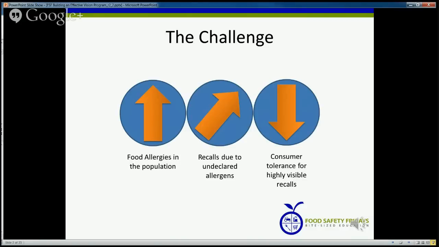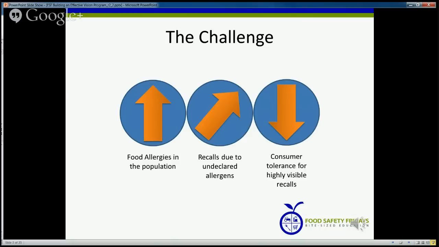Also, from a recall perspective, it's been an issue for a long time, but it's growing. It's been growing over the years. So in 2011, 2012, of all the products that FDA recalled, 44% were due to an undeclared food allergen in the food being recalled. As I said, it's been on the rise, but it's been an issue for a while. Of those recalls due to food allergens, somewhere on the order of 50 to 60% can be linked directly to a label mix-up, or a wrong label, or a wrong packaging.